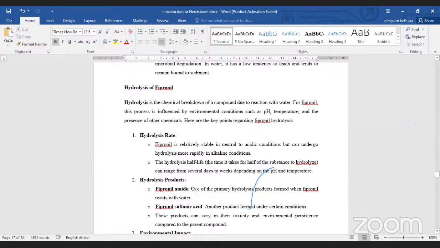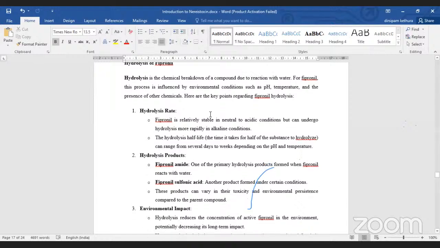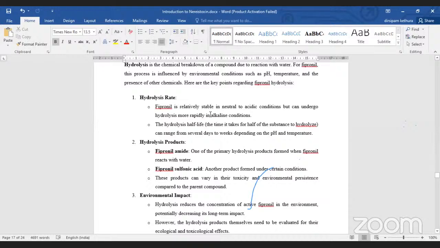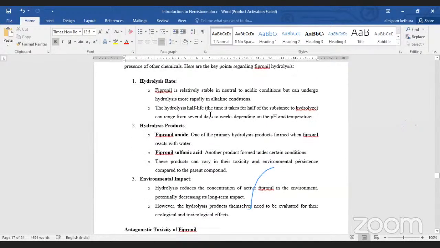Coming to the hydrolysis of fipronil, hydrolysis means the breaking down of a compound due to reaction with water. For fipronil, this process is influenced by environmental conditions such as pH, temperature, and other chemicals. Here, under the hydrolysis of fipronil, the first one is the hydrolysis rate.